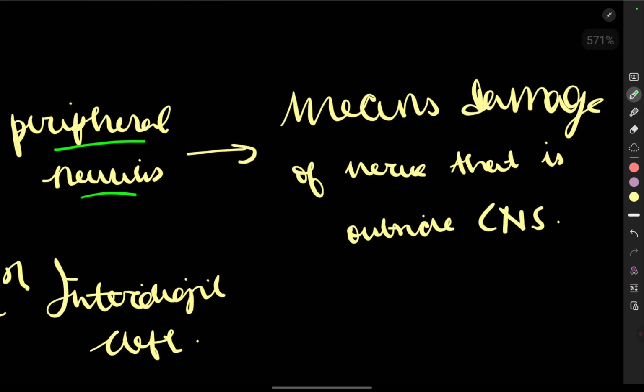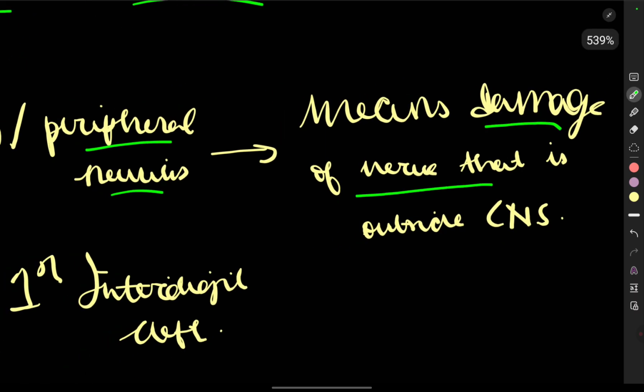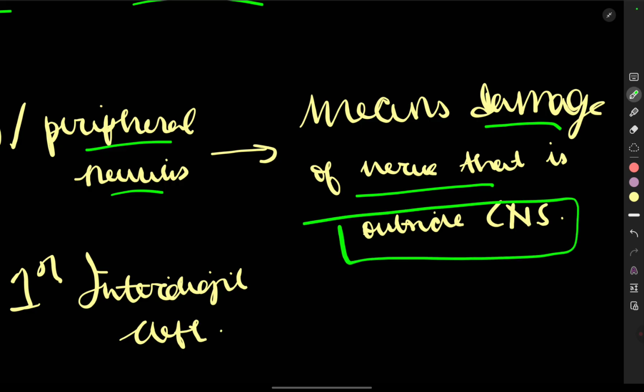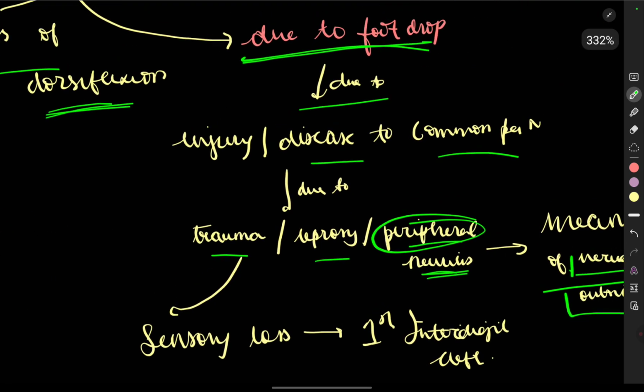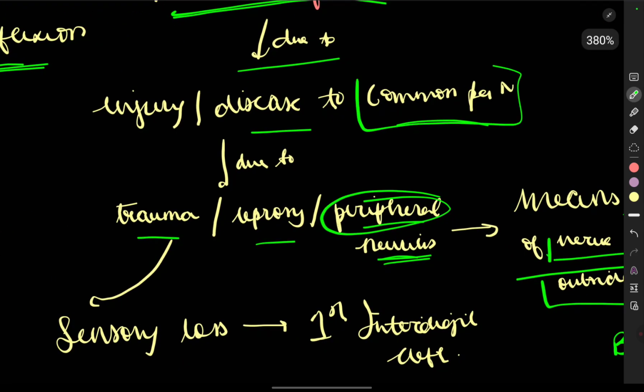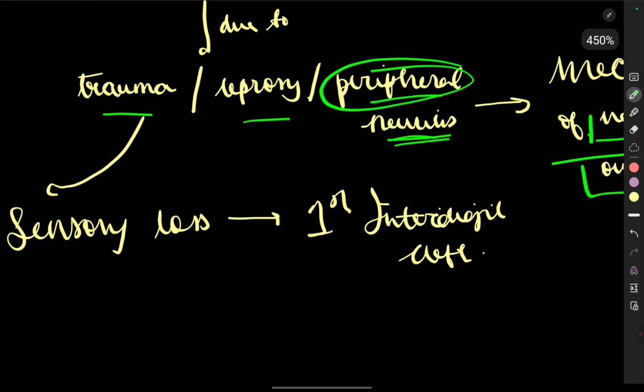What is peripheral neuritis? It means damage to a nerve that is outside the central nervous system. The central nervous system contains the brain and the spinal cord. The nerves outside of this region are called peripheral, so peripheral neuritis is due to damage to the nerve. It also can cause injury to the common peroneal nerve or directly to the deep peroneal nerve.